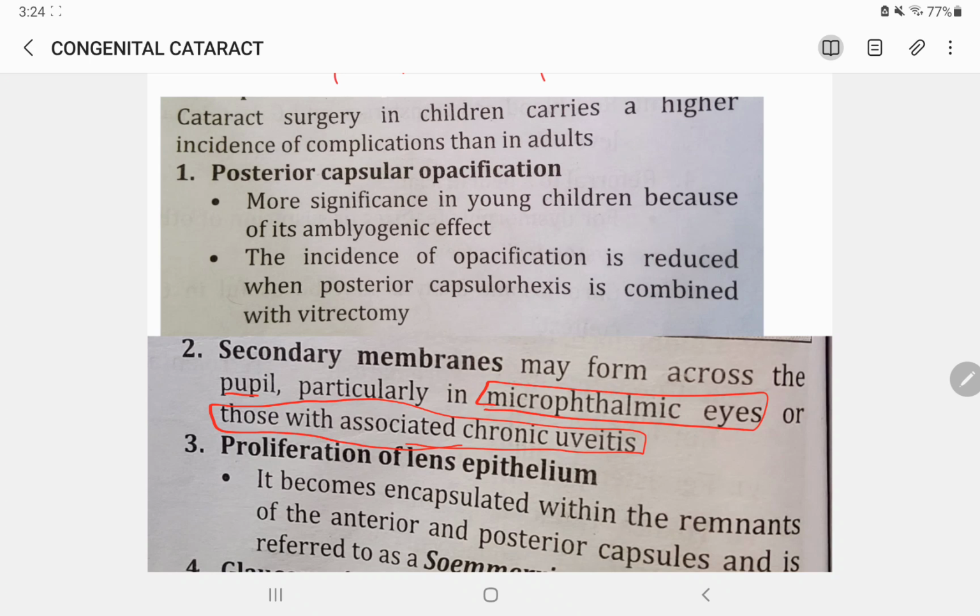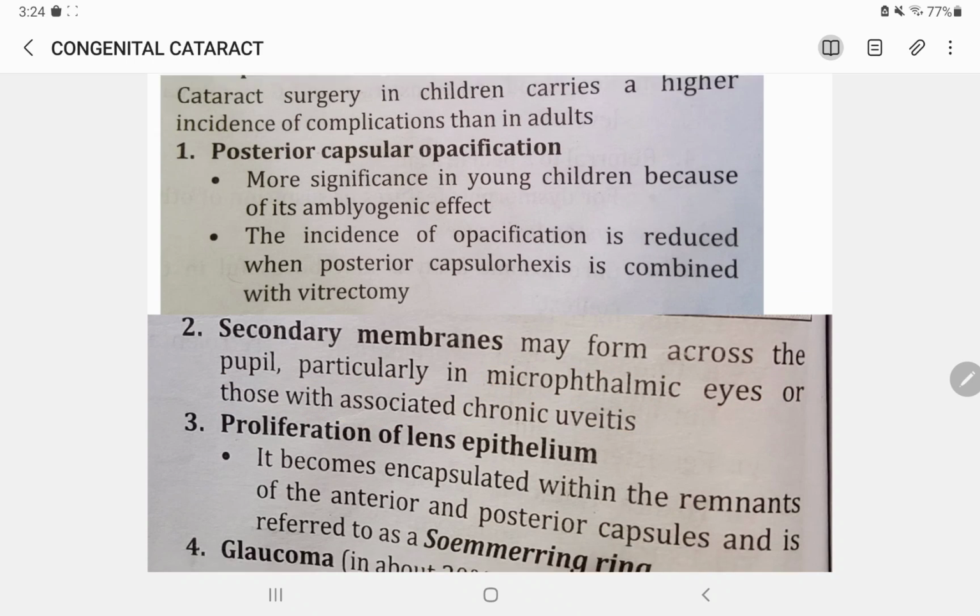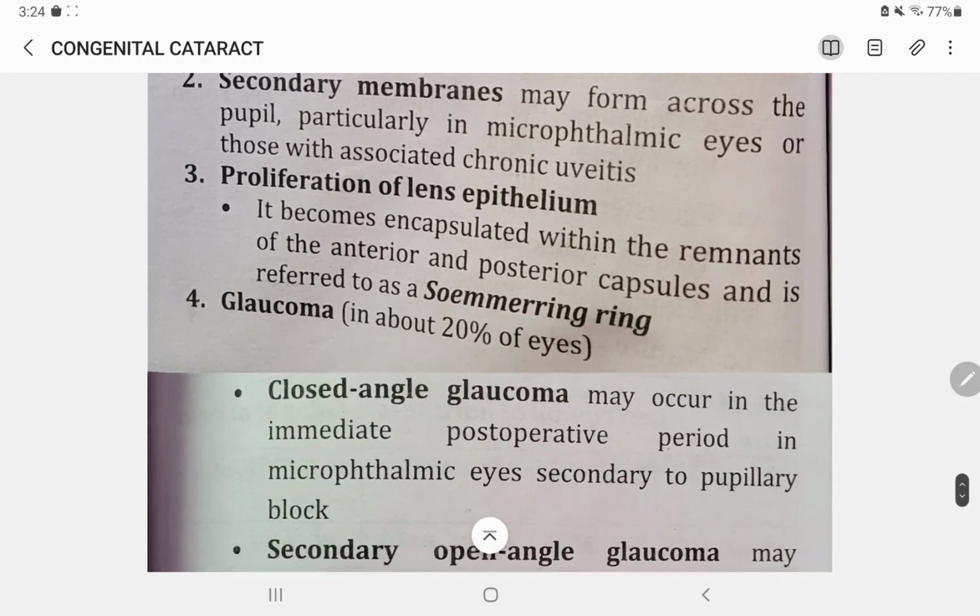So the two kinds of membrane are either secondary membrane formation in microphthalmic eyes, or those associated with chronic uveitis. The secondary membrane will form across the pupil.